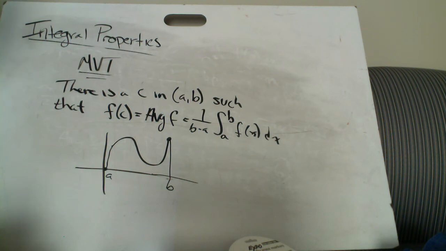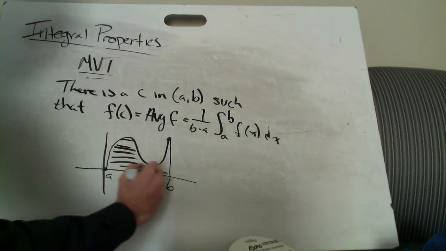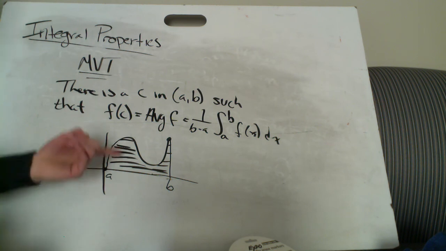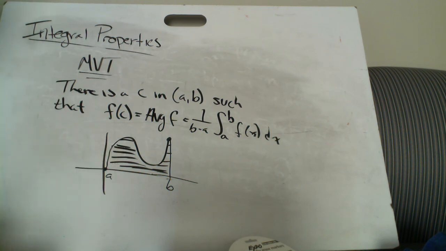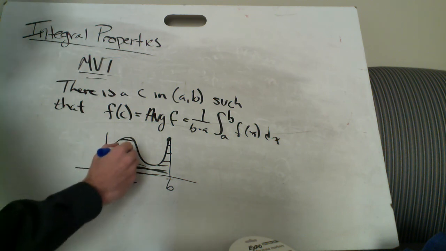And I want to know the area under this curve. Okay, well, it's something kind of weird, right? It's got some weird stuff going on. Well, this theorem tells me this shape is hideous. It's awful. There's some value c somewhere in this interval. Maybe it's right here.